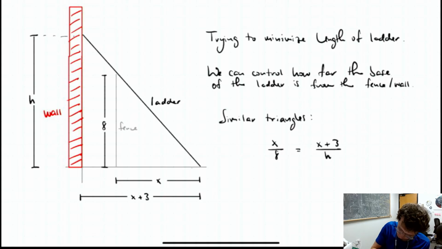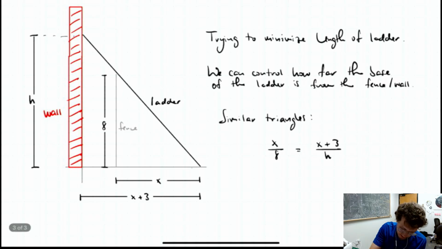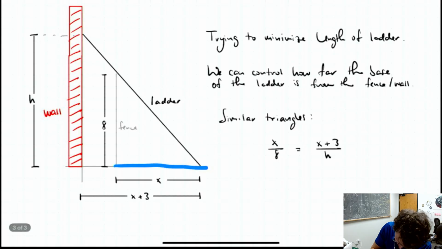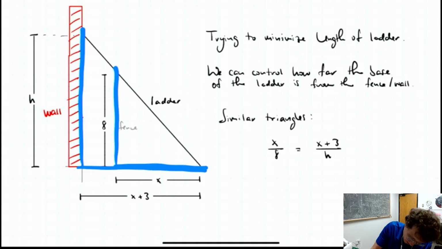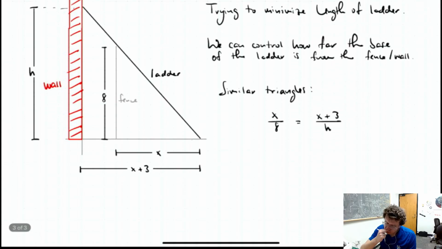Right. So base over height has to equal base over height when you're dealing with a right triangle. Let me draw that a little more carefully. Base over height equals base over height.